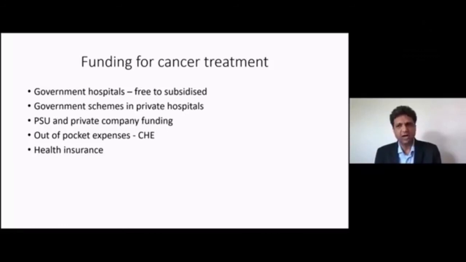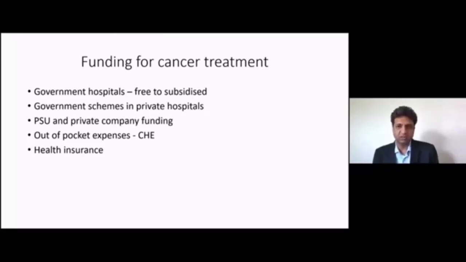The vast majority of our patients, certainly in my practice, about 70%, but I'm sure it's much higher in other practices, particularly in Tier 2 cities, have huge out-of-pocket expenses. The vast majority of the patients do not take out any health insurance, and the out-of-pocket expenses result in catastrophic health expenditure. What I mean by catastrophic health expenditure is that it pushes an individual from above the poverty line to below the poverty line just because they have to fund the treatment.